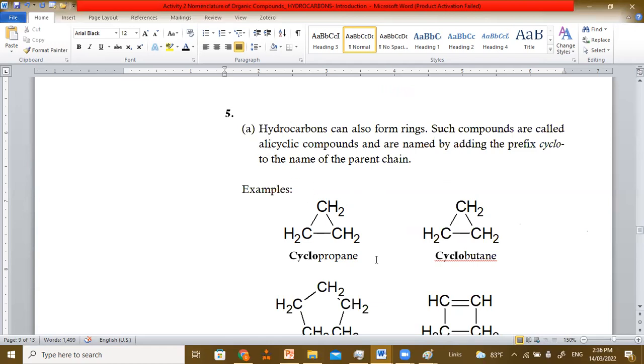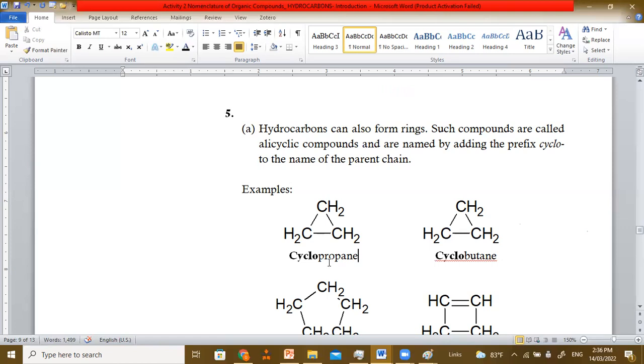We count by the number of carbon atoms in the structure. In this case, the first carbon is connected to the last carbon. If you start counting here, carbon 1, 2, 3, the third carbon is connected to the first carbon. That's what makes it cyclic.